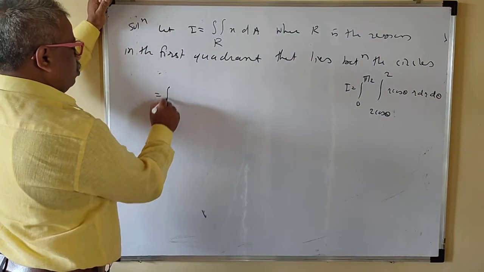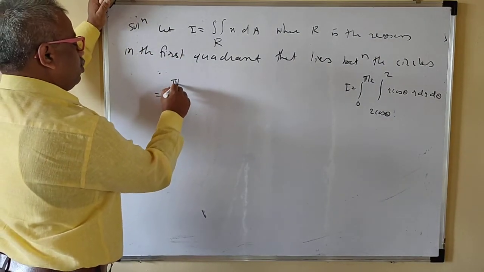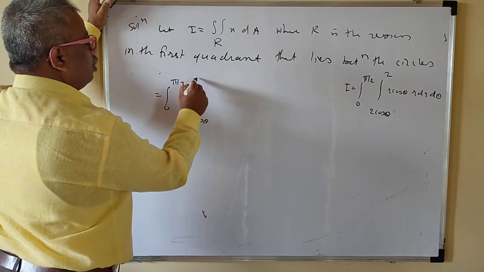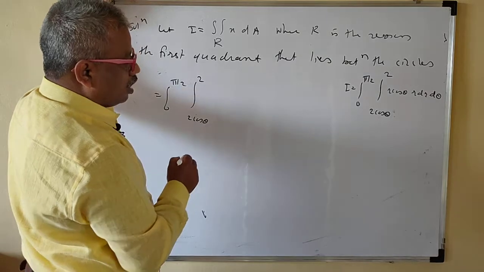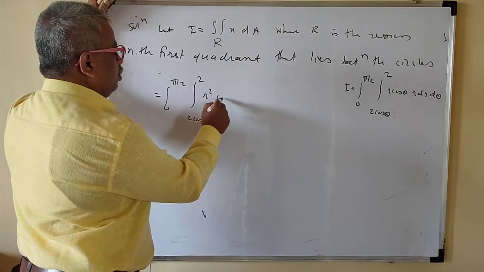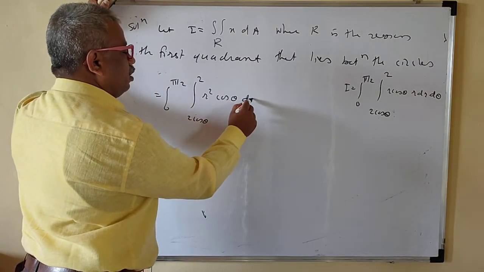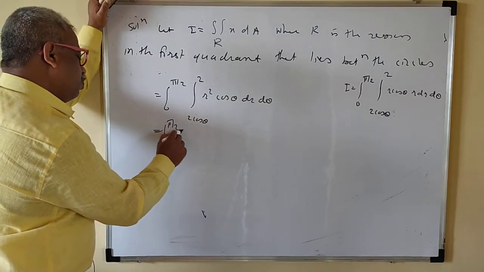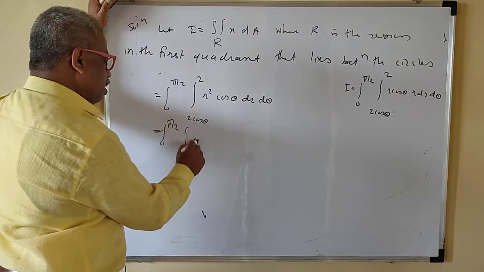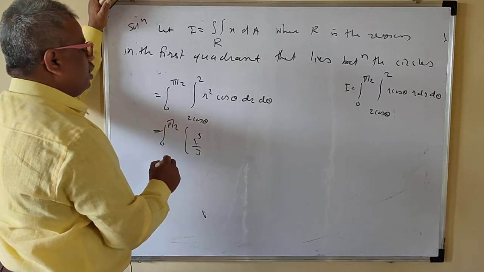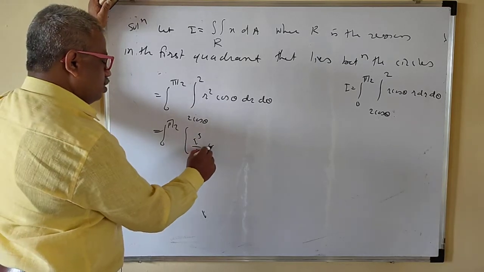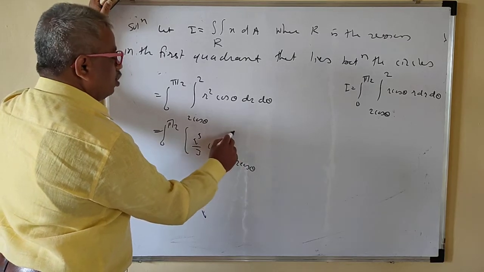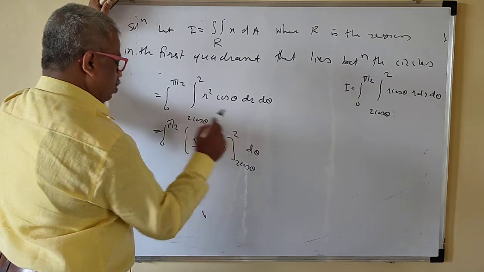So this is equal to the integral from 0 to pi by 2, r from 2 cos theta to 2, of r square cos theta dr d theta. We integrate: r cube by 3 times cos theta, from 2 cos theta to 2, d theta.